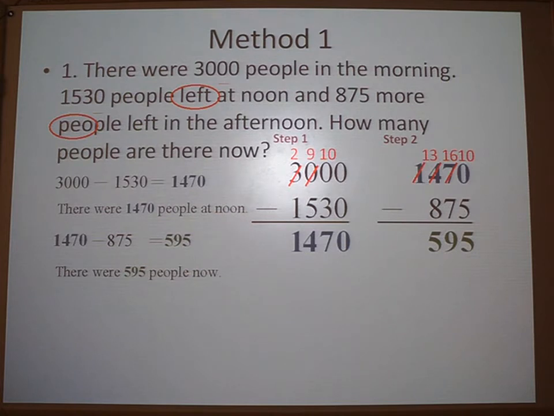We calculate the answer by 2 steps, 2 horizontal forms, and 2 column forms. As you remember, there will be a method 2.